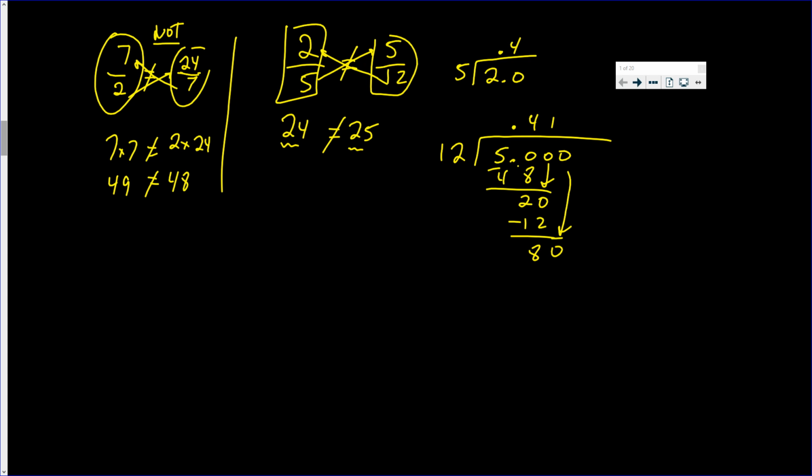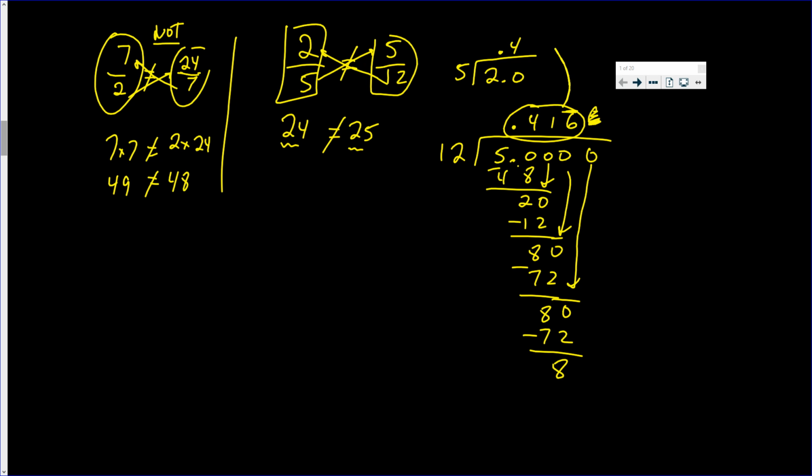Bring down the 0. 12 into 80 goes 6 times, that's 72, with 8 left over. Bring down another 0. 12 still goes into 80 6 times. Used up 72 with 8 left over. Okay, but basically, this 6 is going to keep repeating. But as I promised, they're not equal, but they're close.